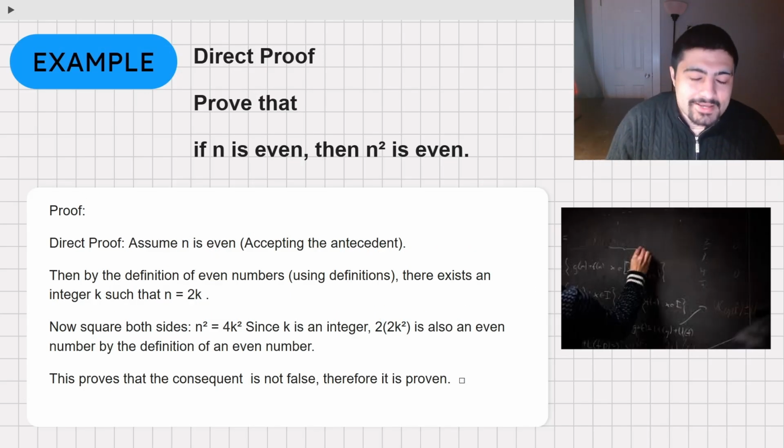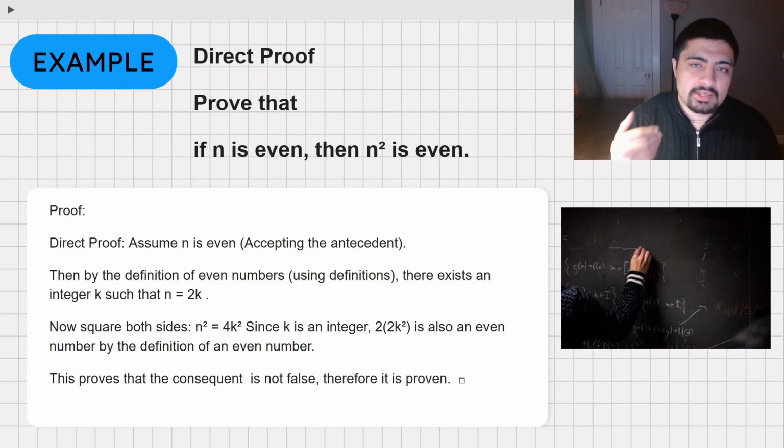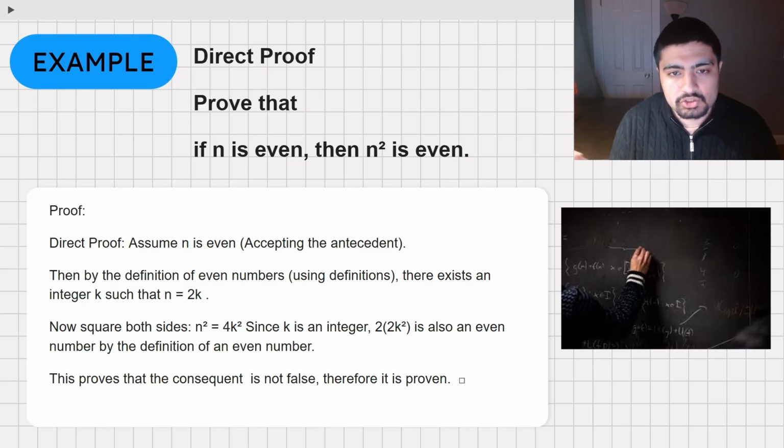Here's a very classical example. Anyone who will be taking Math 200 or 250 would be familiar with this one. The statement is, if n is an even number, then n squared is even. Even numbers mean they can be divided by 2.